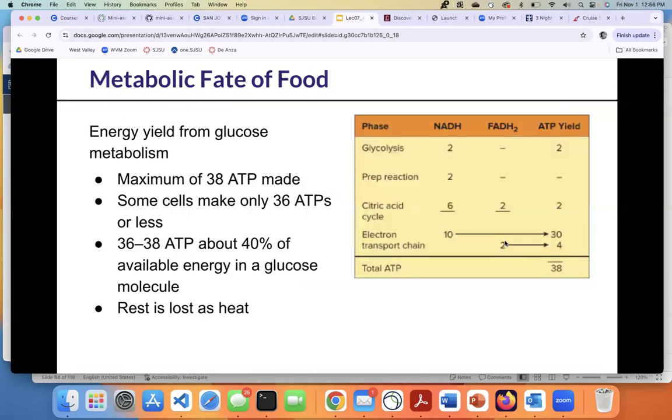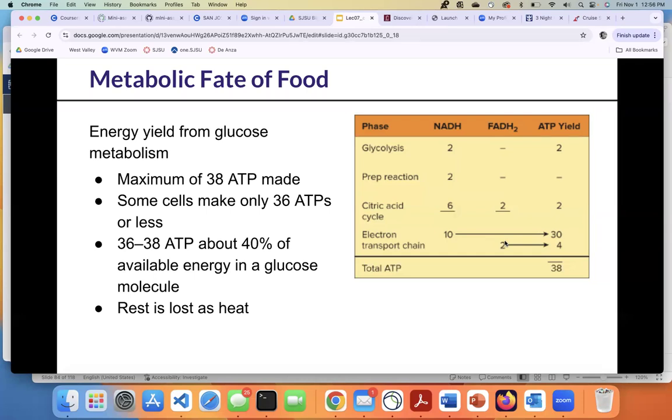So this is why we eat. This is why we breathe. We eat so that we can get the glucose molecule. We breathe so that we can convert that glucose molecule into actual ATP. We can make a maximum of 38 ATP, assuming a standard, perfect, ideal situation, but some cells can make only 36 or even less, maybe 34, depending on the cell.